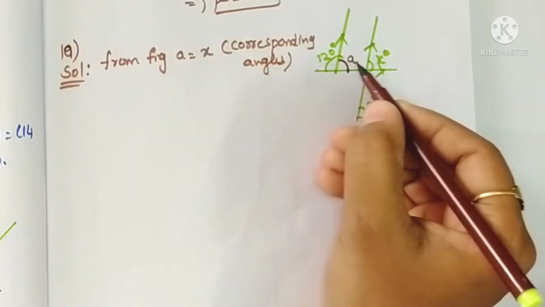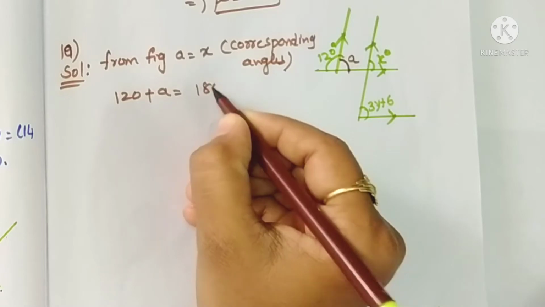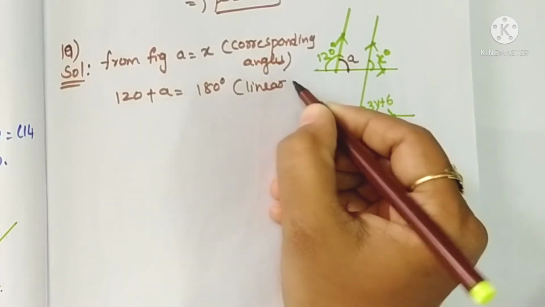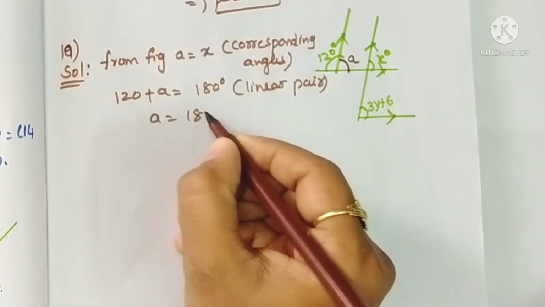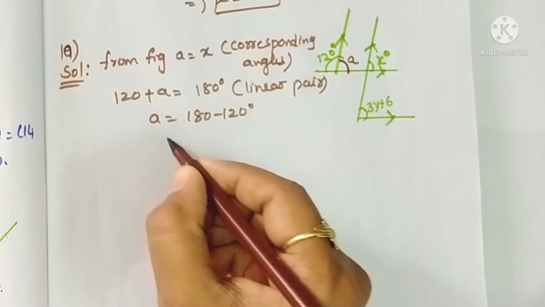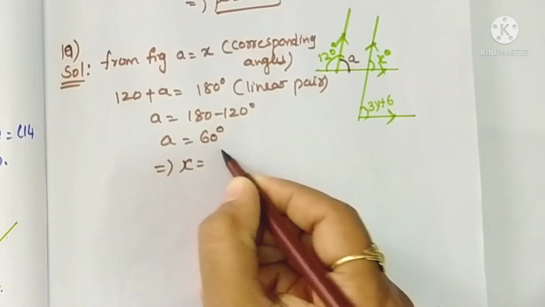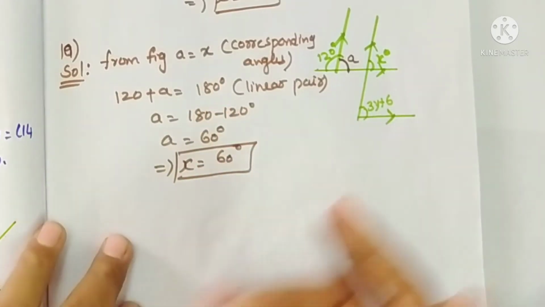And 120 plus A is 180 degrees because they are forming a straight line, so these are a linear pair. Then A equals 180 minus 120, that is A equals 60. So that implies X is equal to 60 degrees because A is equal to X.